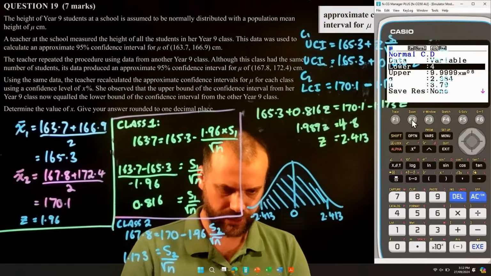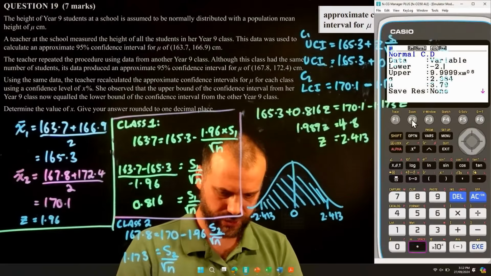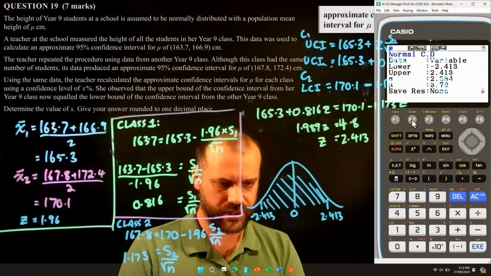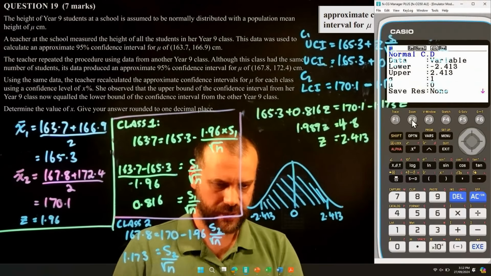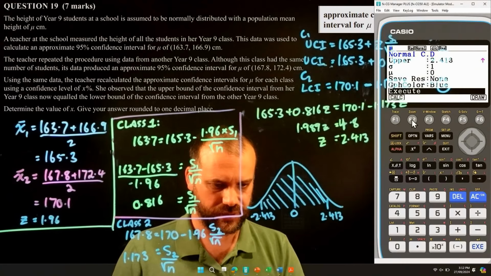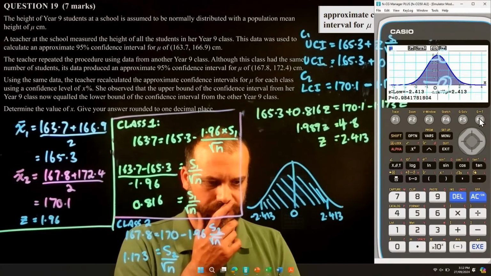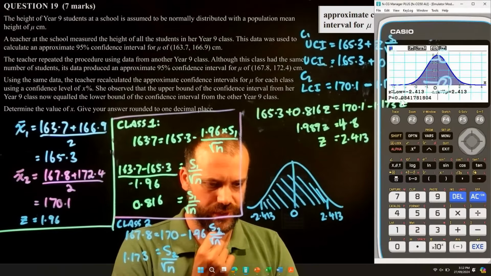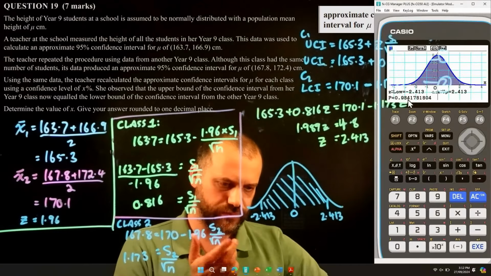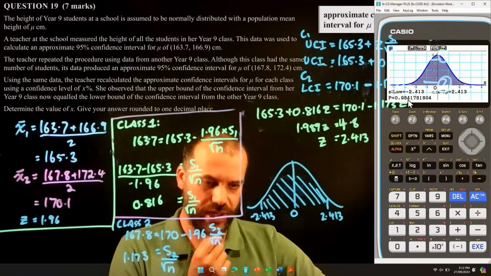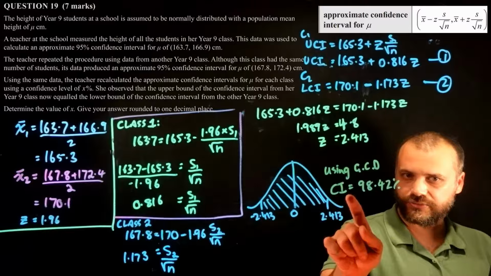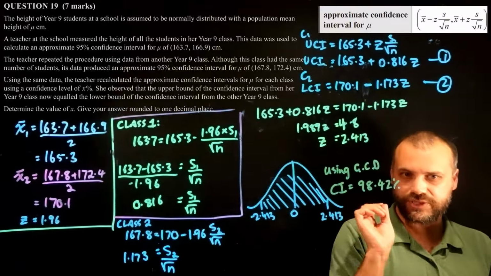So we'll go lower of negative 2.413 and an upper of 2.413 and a standard deviation of 1 and a mean of 0, and we'll draw that. And we get a confidence interval of 0.9842.